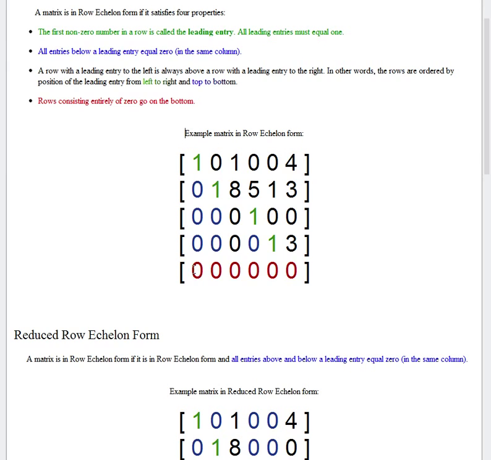And any row with all 0s is below any other row that has a leading entry. One thing to note is that column 3 here does not have a leading entry. Same with the last column, there's no leading entry, and that's fine.